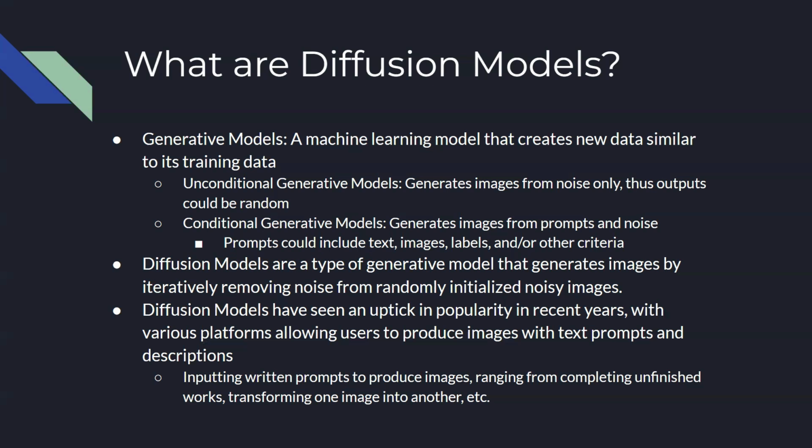Now, when it comes to diffusion models, they're a type of generative model that generates images by iteratively removing noise from randomly initialized noisy images.